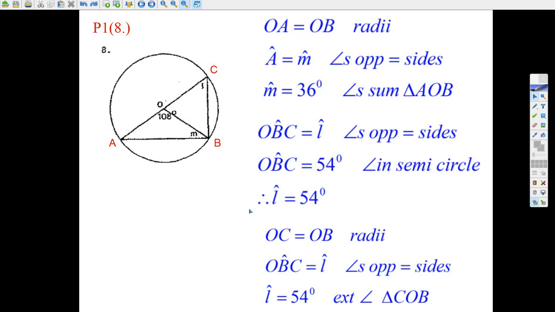Equal angles opposite equal sides. And these two angles add up to this exterior angle. Well, half of 108 is 54. So these two must be 54, because of the exterior angle of the triangle COB. Hey, that's another way of looking at it. Look, a different reason. So there you go.